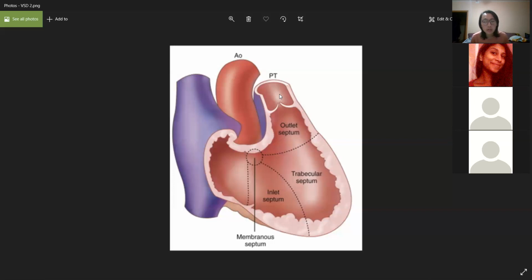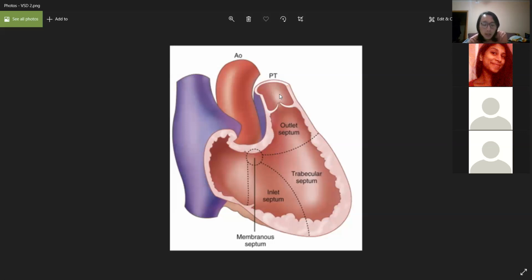In large defects, patients can complain of dyspnea, poor appetite, and because the pulmonary circulation is affected, there's also sometimes pulmonary infection and stuff like that, and it can also result in heart failure, of course.